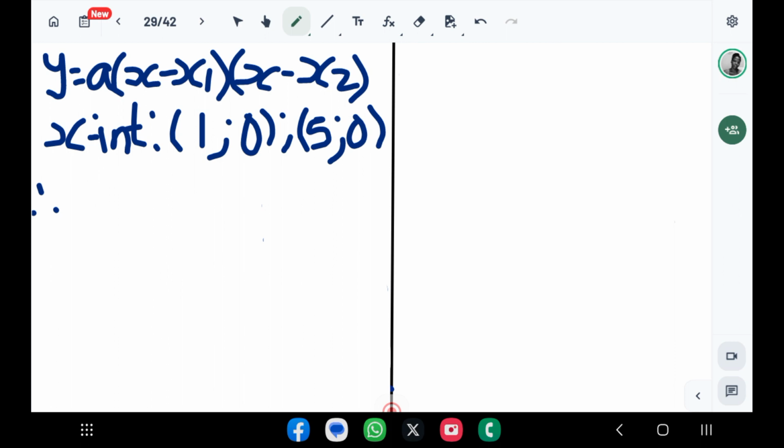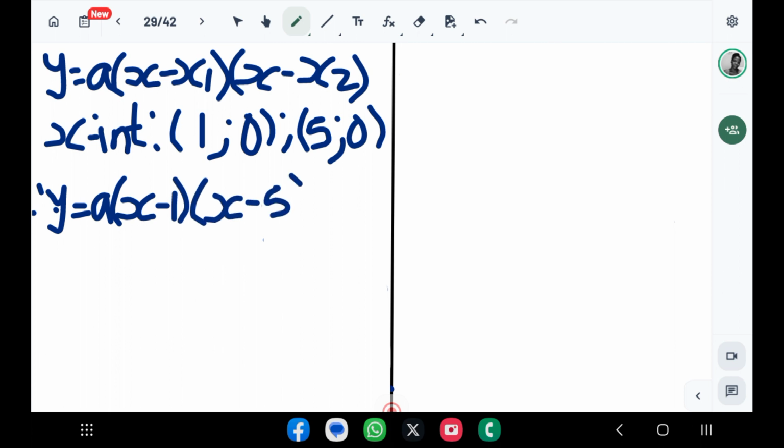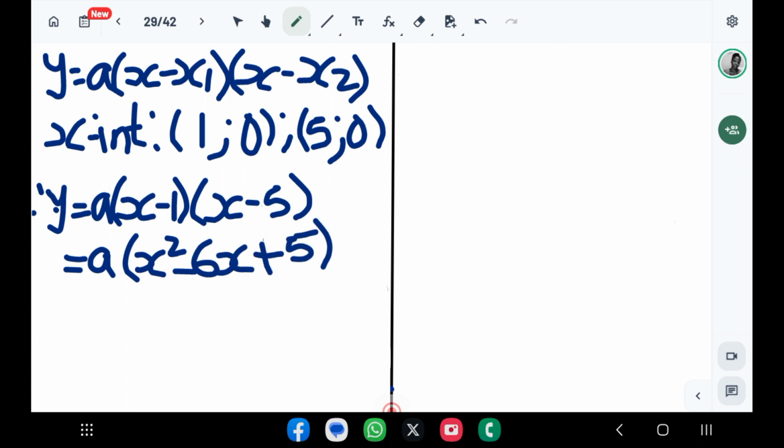Therefore you substitute them. y equals a in bracket x minus 1 times x minus 5, which equals a in bracket x squared minus 6x plus 5, which equals ax squared minus 6ax plus 5a.